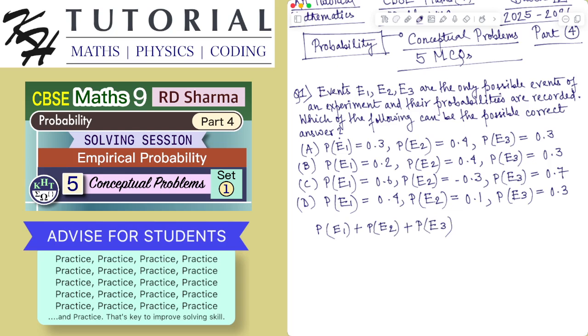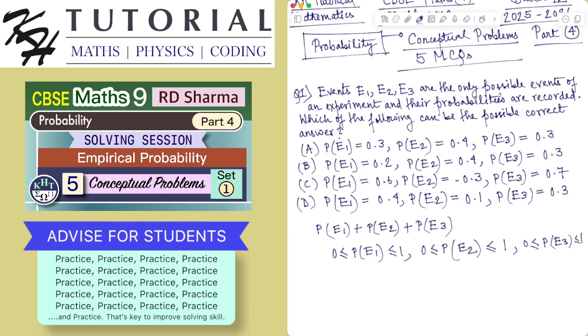Also, any individual probability must lie between 0 and 1, that is, it is greater than equal to 0 and less than equal to 1. For any event of a random experiment, that event could be an elementary event or even a compound event, probability always lies between 0 and 1. So we must also check this.